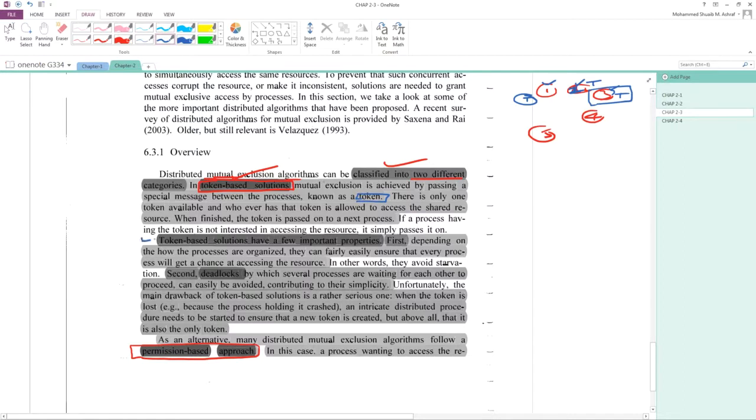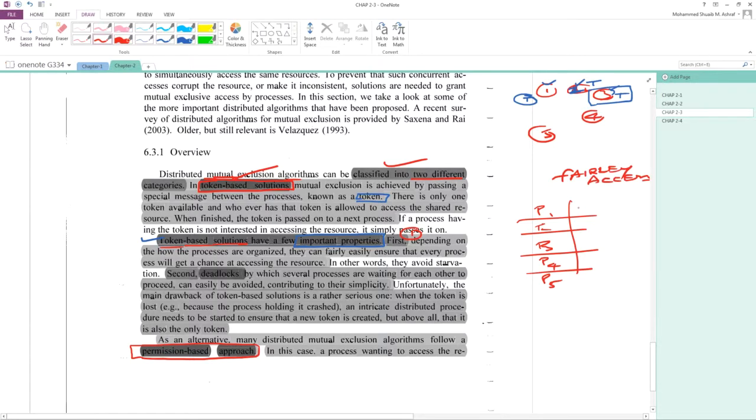Now, this token-based algorithm has a few important properties. Maybe in the exam, write the important properties of token-based algorithm, token-based solution. Property number one: all processes, like process 1, process 2, process 3, process 4, are given fair access, fairly access.